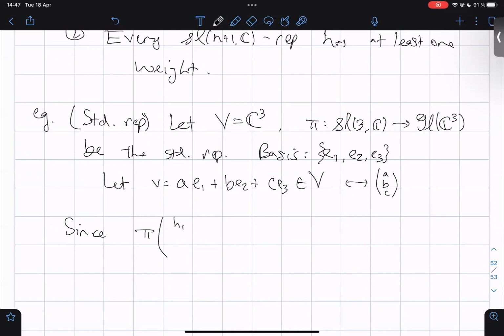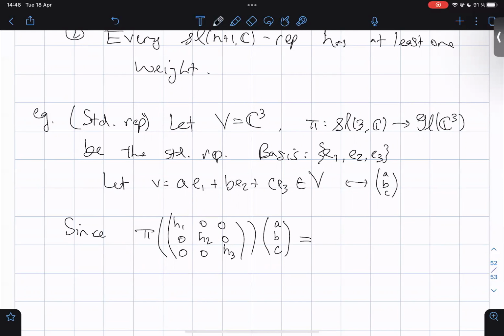That's how weights are being produced. We want to look at the action of something from the Cartan subalgebra. So let's take a diagonal matrix and let it act on a vector. I'm writing everything out in a basis. This pi, with this input matrix from the Cartan subalgebra, acts on this column vector.